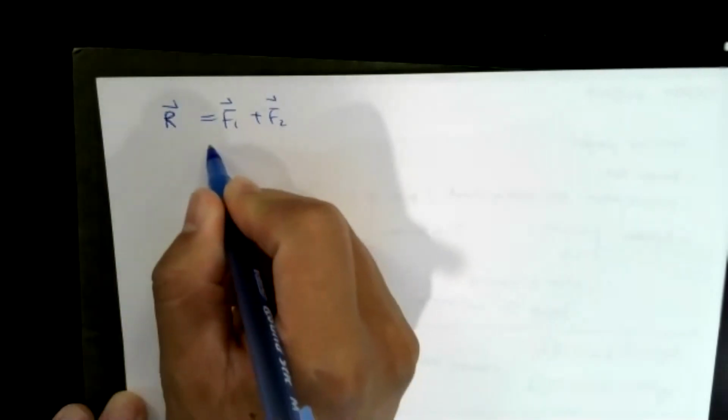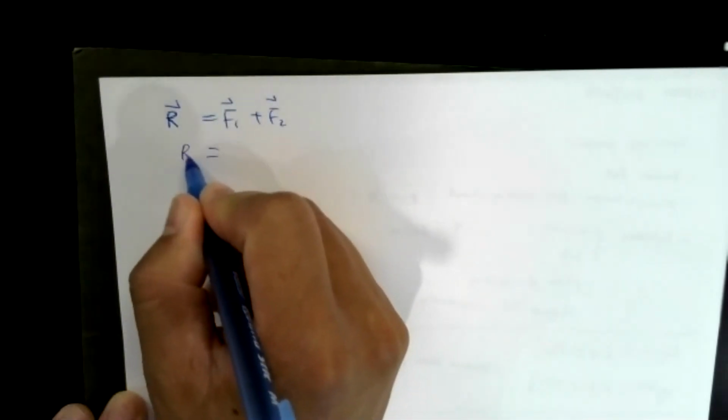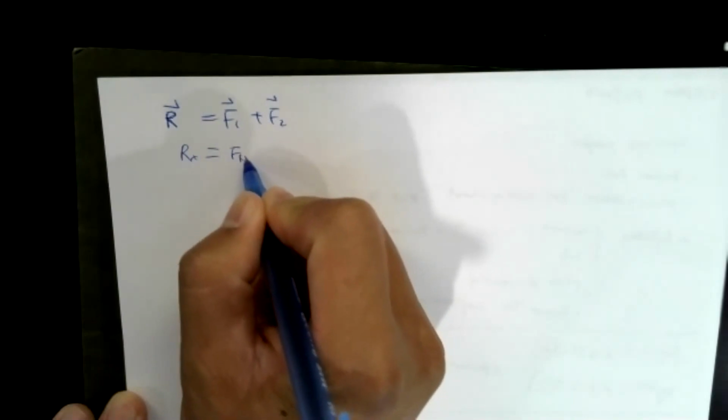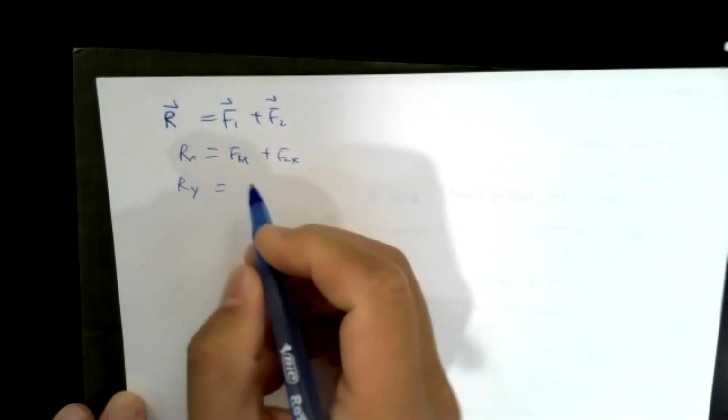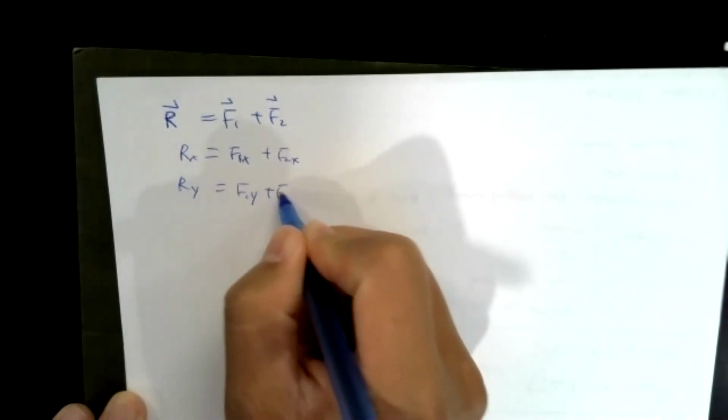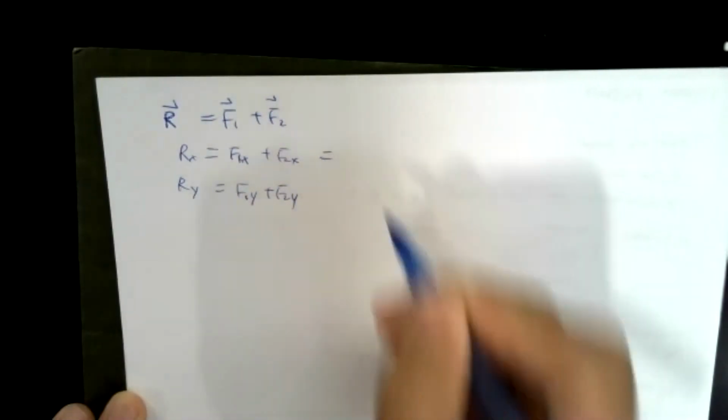You'll be adding up their components. The x component will be F1x plus F2x. For the y component, our resultant will be F1y plus F2y. F1 is 2 and 4, and then 3 and 6 for F2.